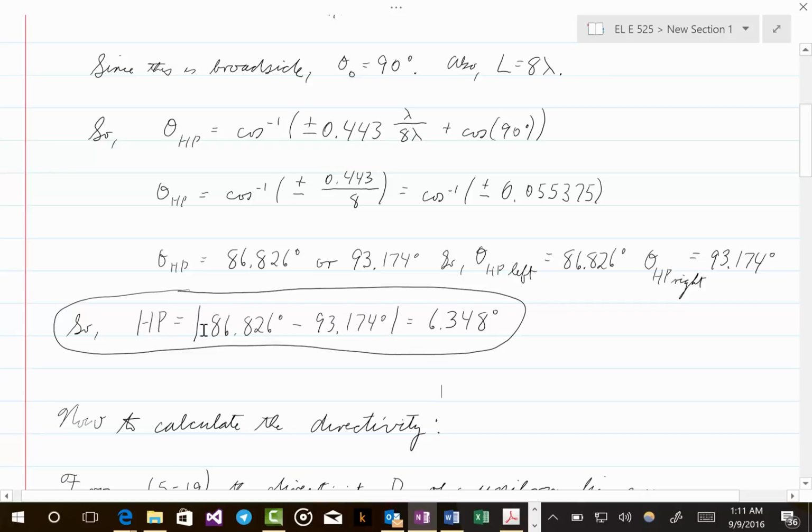HP then is the absolute value of 86.826 degrees minus 93.174 degrees, or 6.348 degrees. And that is the half power beam width for this uniform broadside line source of length 8 lambda. Now to calculate the directivity.